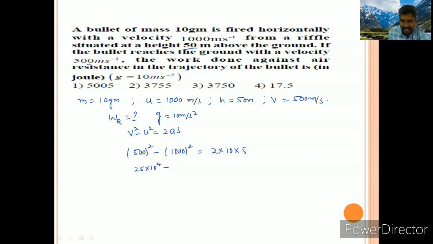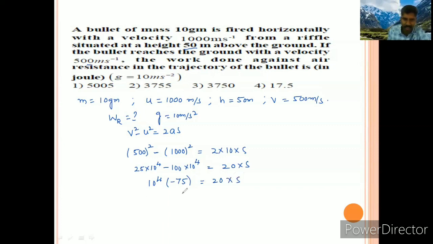Next, I will consider this as 100 into 10 to the power of 4 is equal to 20 s. So 10 to the power of 4, I am taking common, 25 minus 100 means minus 75, is equal to 20 into s.